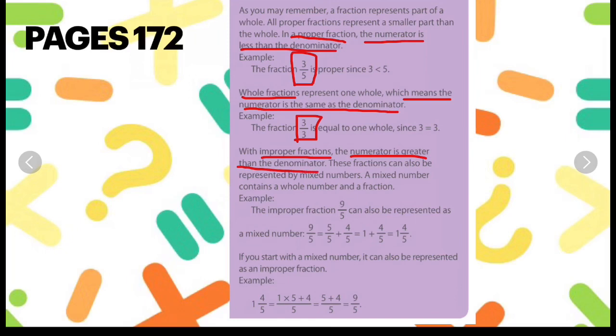From improper fractions, these fractions can also be represented by mixed numbers. What is a mixed number? It contains a whole number and a fraction. Example, the improper fraction 9/5 can also be represented as a mixed number. 9/5 equals 5/5 plus 4/5 equals 1 plus 4/5 equals 1 whole 4/5.